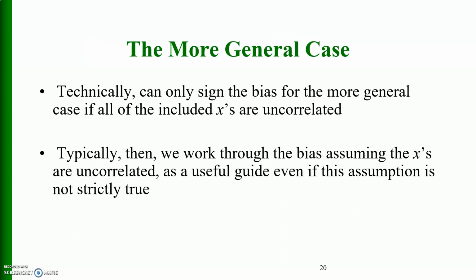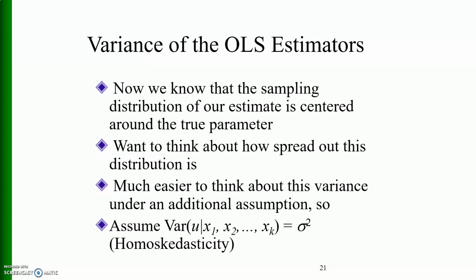Technically, we can only sign the bias for the more general case if all of the included X's are uncorrelated. We work through the bias assuming that X's are uncorrelated as a useful guide, even if this assumption is not strictly true.